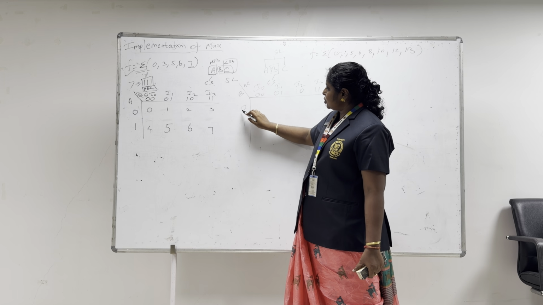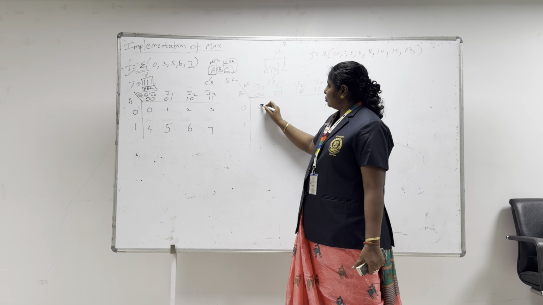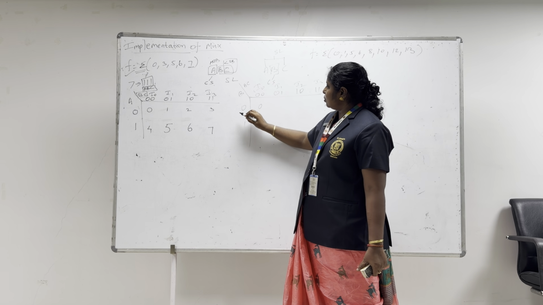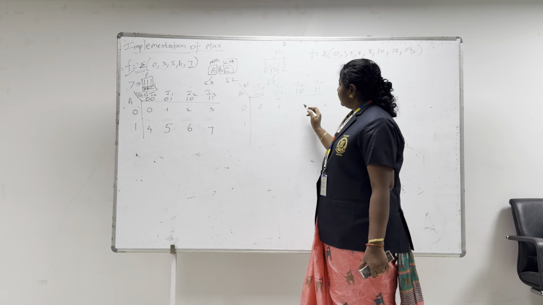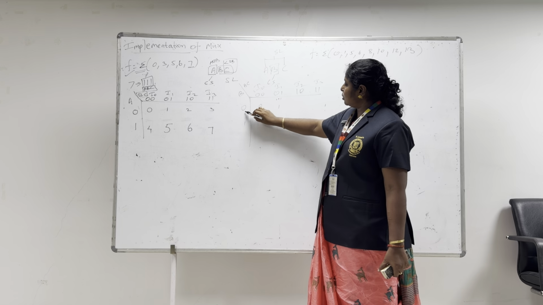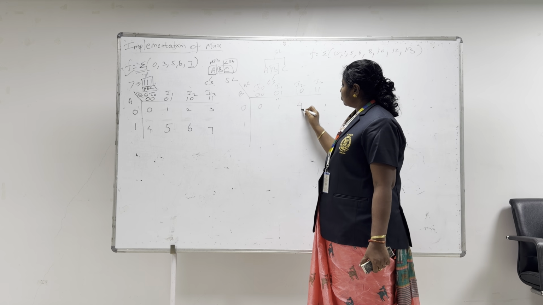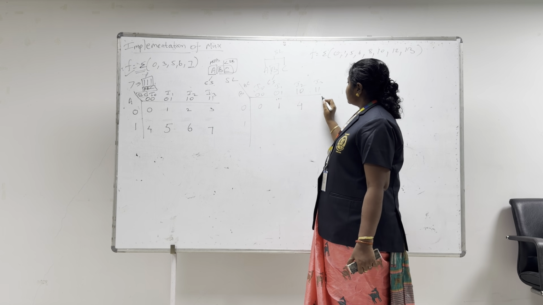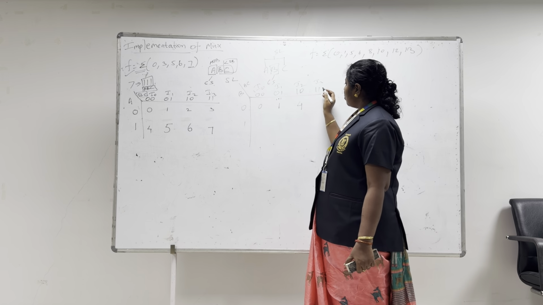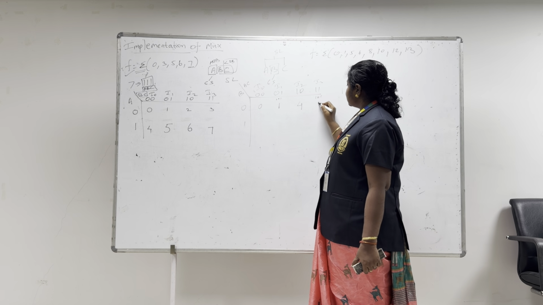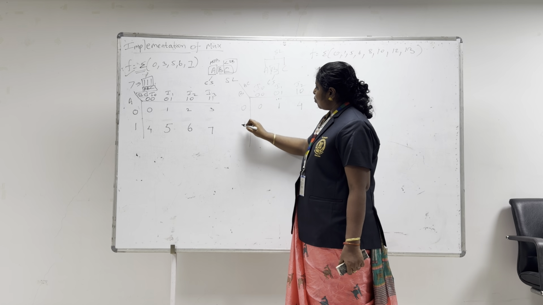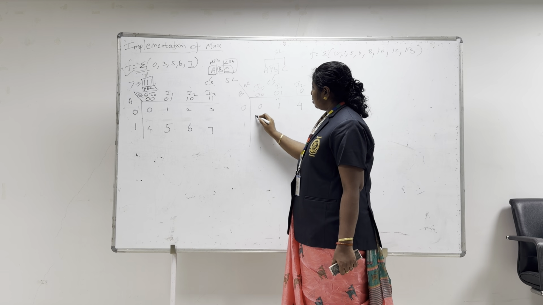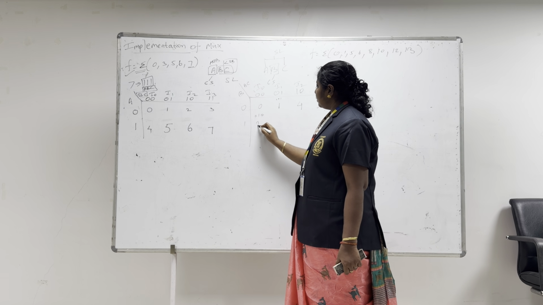Therefore, 0 0 0 is 0. Similarly, over here 0 0 1, therefore 1. Here it is 1 0 0, which is 4. Here it is 1 0 1, this is 5. Similarly here 0 1 0, which is nothing but 2.